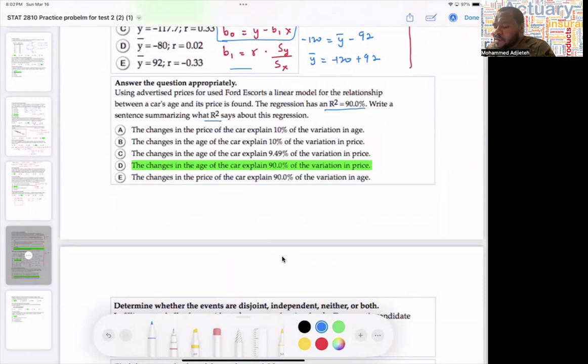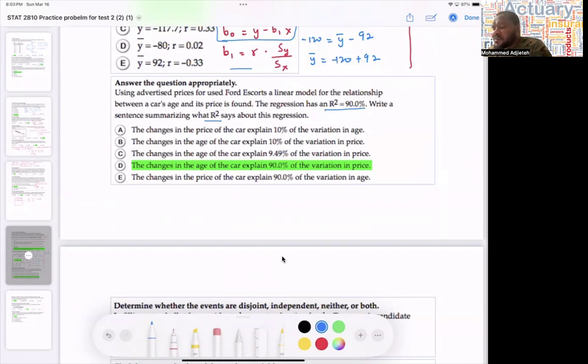When you read the problem, it says that using advertised prices for used Escorts, a linear model for the relationship between the car's age and the price was found. So the response variable is the price, and the x, or the explanatory variable, is the car's age. We are told that the coefficient of determination is 90%.